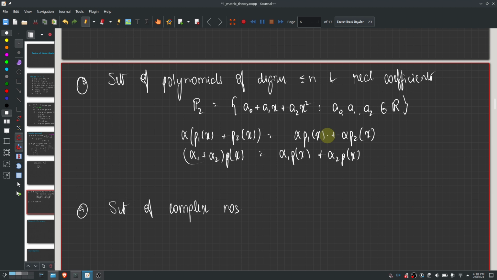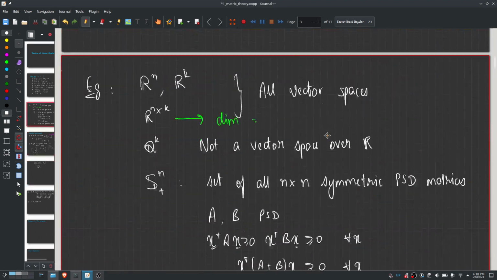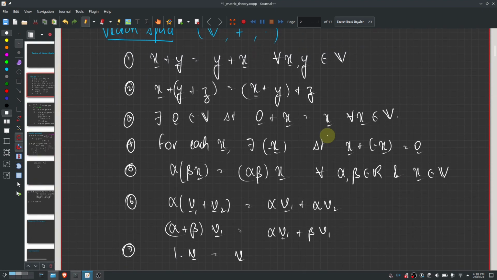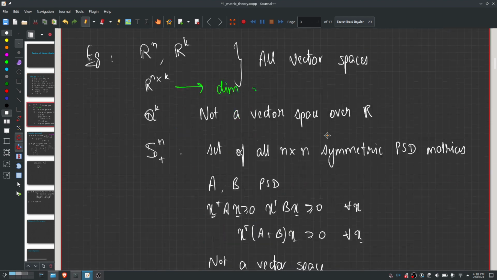How many say it is not a vector space? What about the rest? It is a vector space, right? We've checked all the properties, all 7 of these properties, including closure. So it is indeed a vector space.